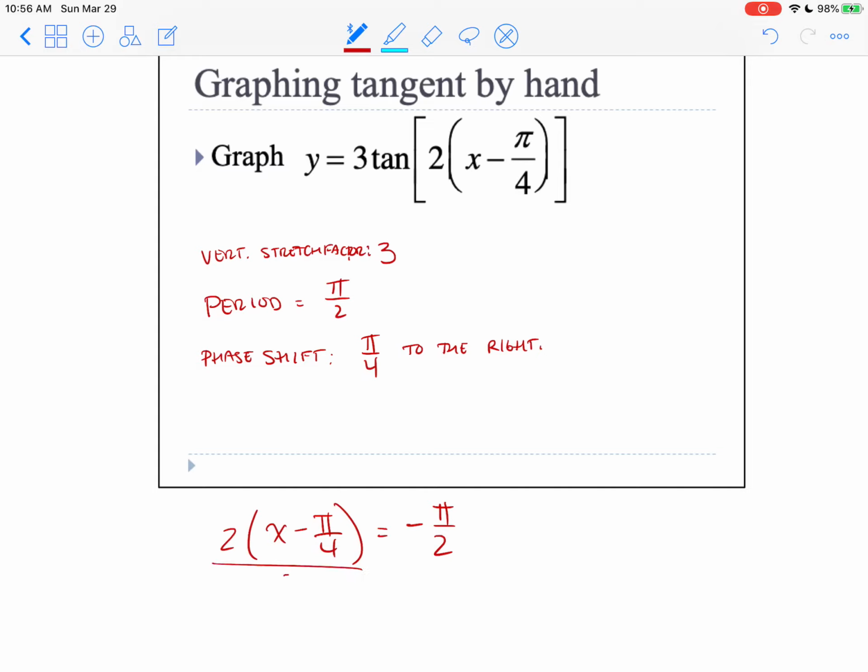And so I'm going to now divide both sides by 2. So that gives me x minus pi over 4 equals negative pi over 4. And then if I add pi over 4 to both sides, I get that x equals 0. So this is where my first vertical asymptote is.